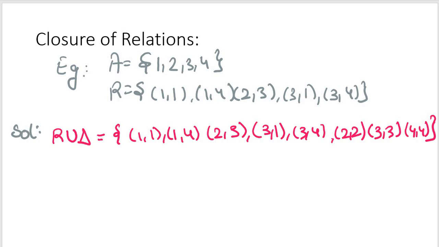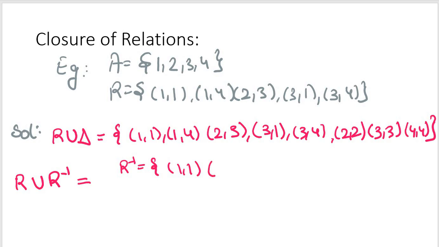Now next is your R union R inverse for your symmetric closure. So in that case, first of all, I'll identify your R inverse, so that would be your 1 comma 1 remains as it is.